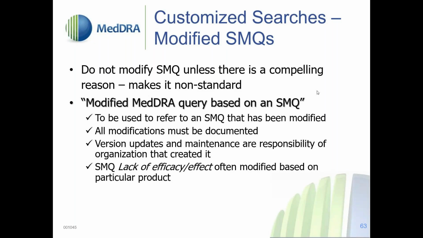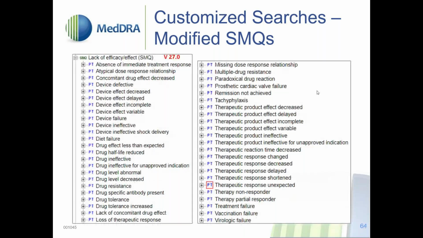And then one SMQ that is frequently modified is, for example, the lack of efficacy or lack of effect SMQ if you want to make that specific for a particular product. And let's look into the content of this lack of efficacy effect SMQ.